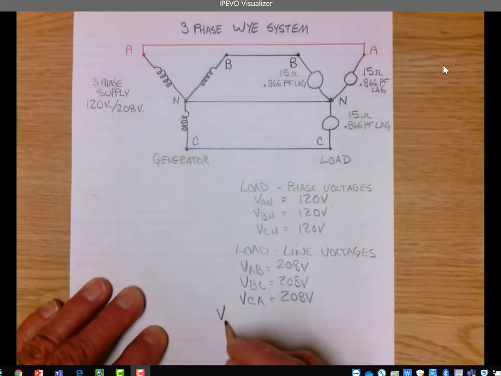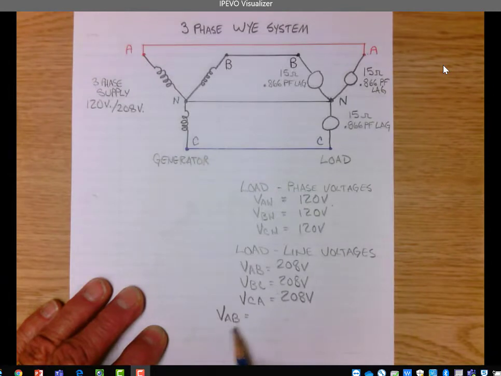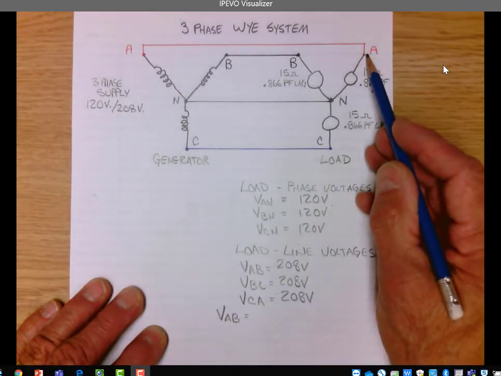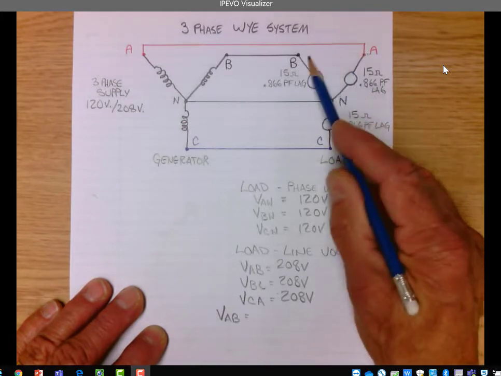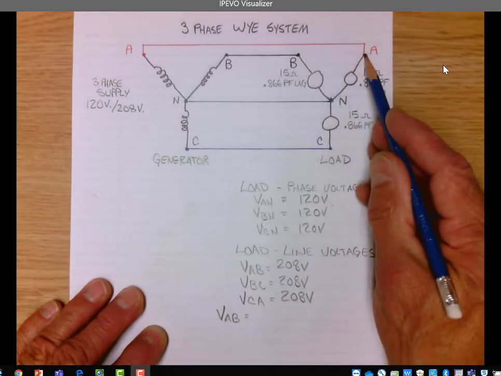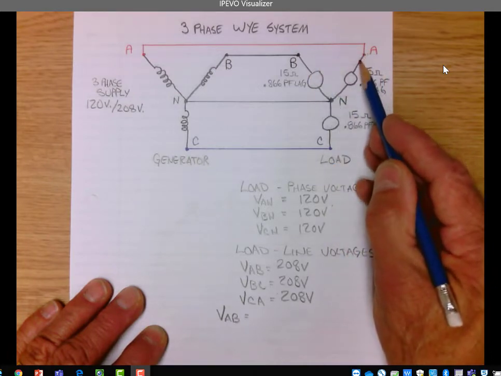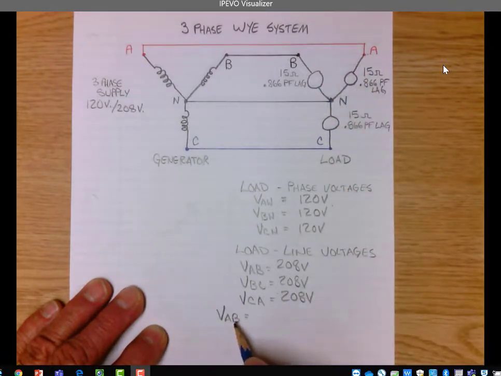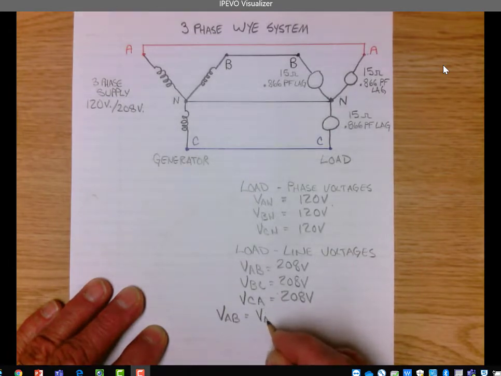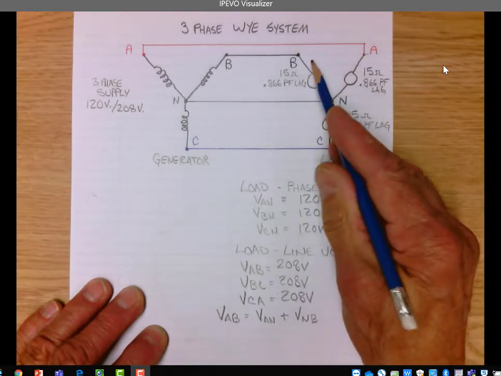For line voltage VA to B, when we measure line voltage A to B, you can think of it as taking a voltmeter and connecting it from line A to line B. So if I had a voltmeter connected directly from line A to line B, it would read the voltage from phase A to N and then phase N to B, because it always reads the voltage from line A to line B. So our formula for line voltage A to B is VA to N, phase voltage VA to N, plus phase voltage VN to B. We go from A to N and N to B.